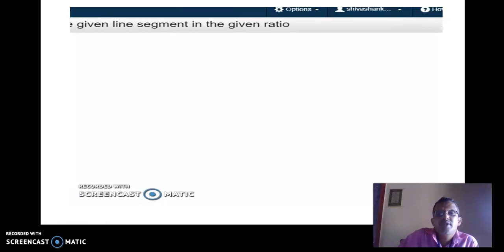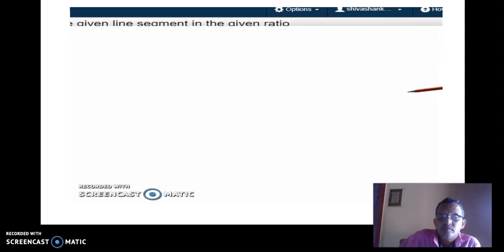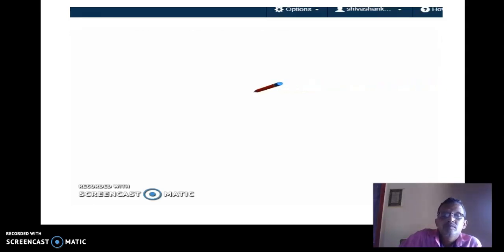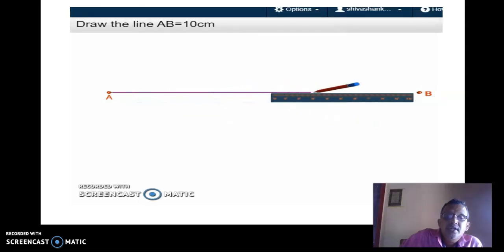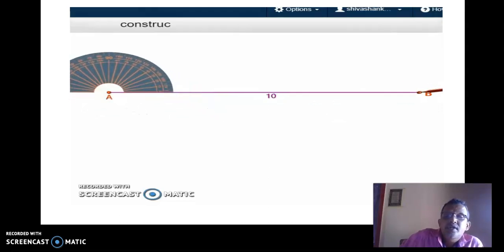First draw the line segment 10 centimeter. And construct an acute angle at A. Okay.